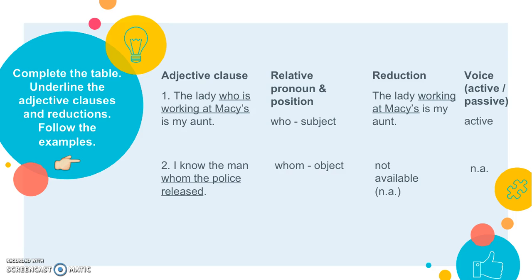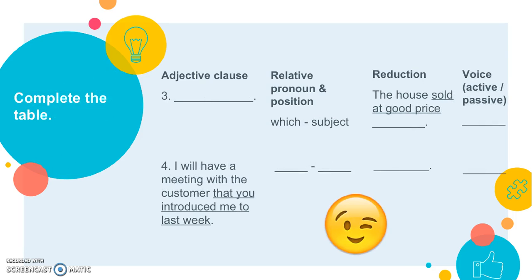Now this is your turn. I took out some parts in this table. Your job is to fill in all of the blanks. Remember, in order to do this correctly, you need to put your answers into connections with the others which are given in the table. For example, look at number 3.